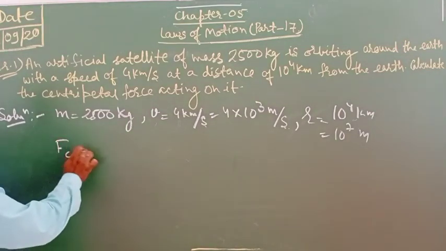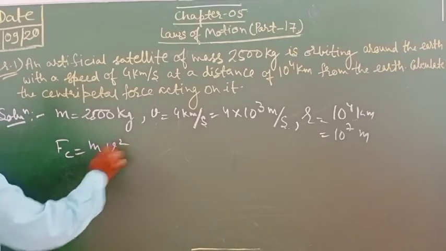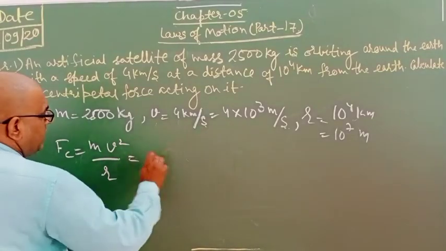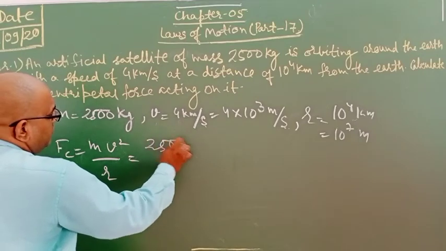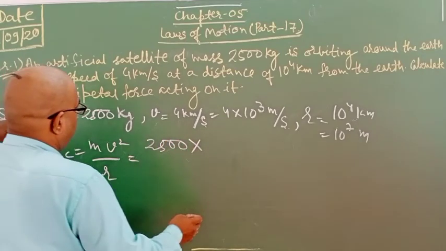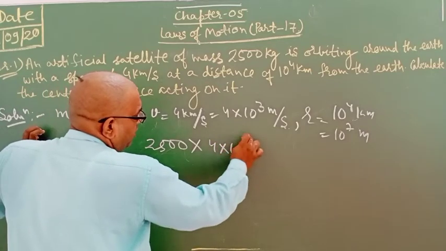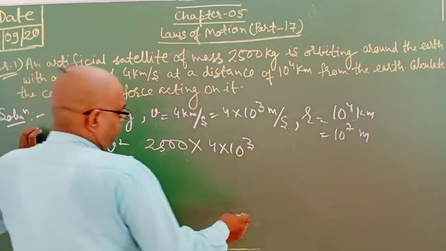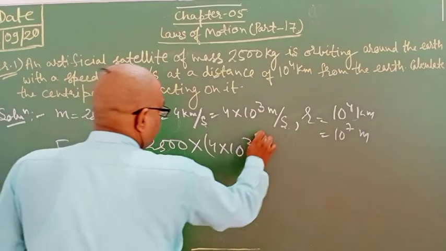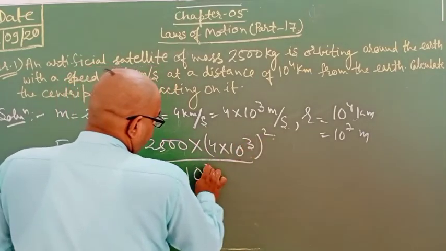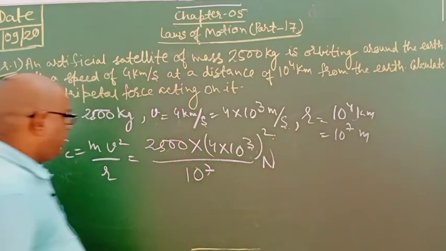Fc is equal to mv square upon r. All things are in SI. So 2500 into 4 into 10 to the power 3 whole square upon 10 to the power 7 Newton.